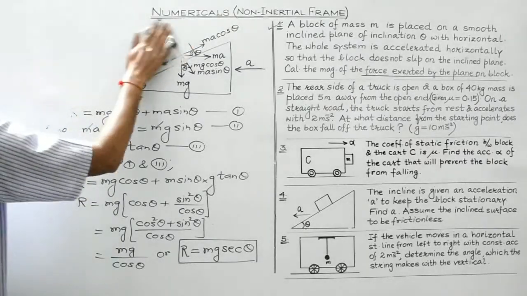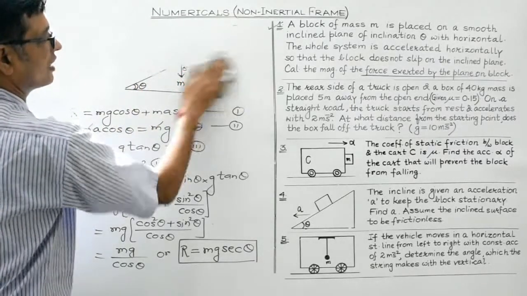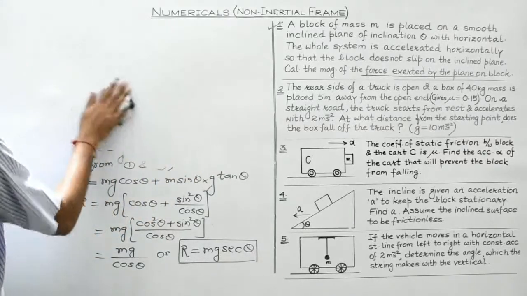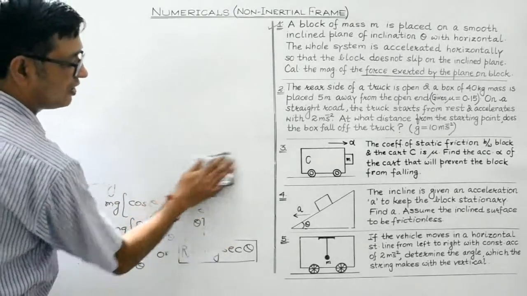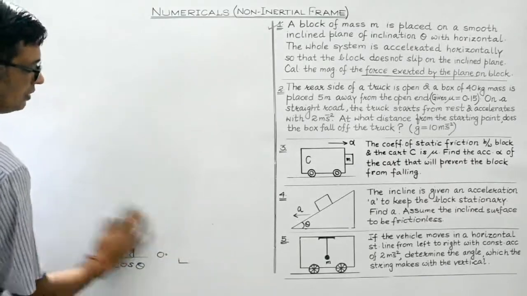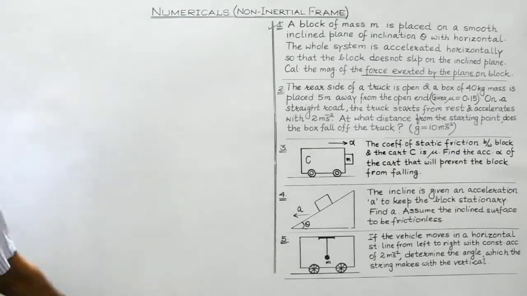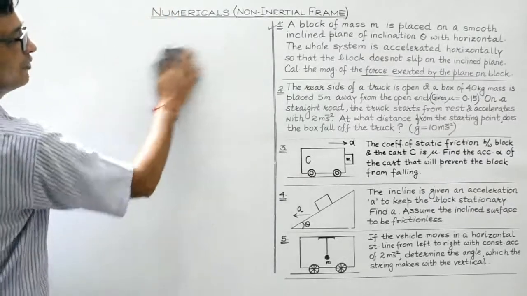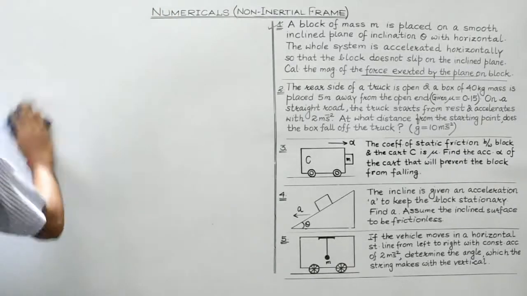Question 2 is a very, very good and interesting question actually. The rear side of a truck is open and a box of 40 kg mass is placed 5 meters away from the open end.